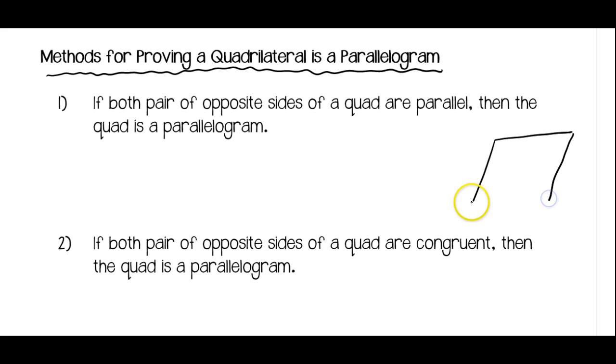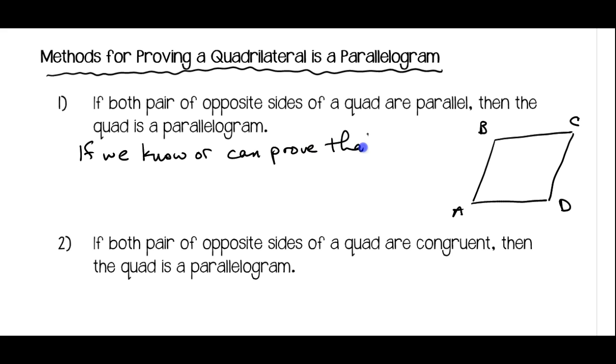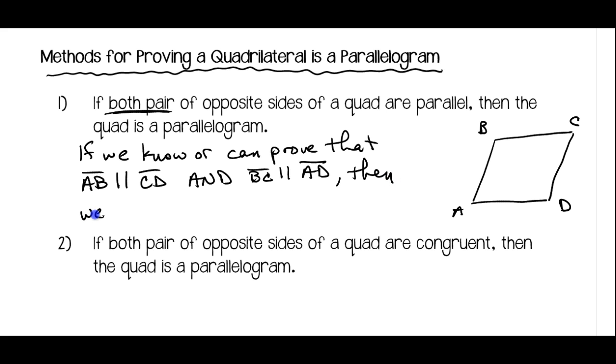This is basically the converse of the definition. So if I've got my figure here, A, B, C, D, and if we know or can prove that AB is parallel to CD and BC is parallel to AD, so notice I have both pairs of opposite sides parallel, then we can conclude that ABCD is a parallelogram.